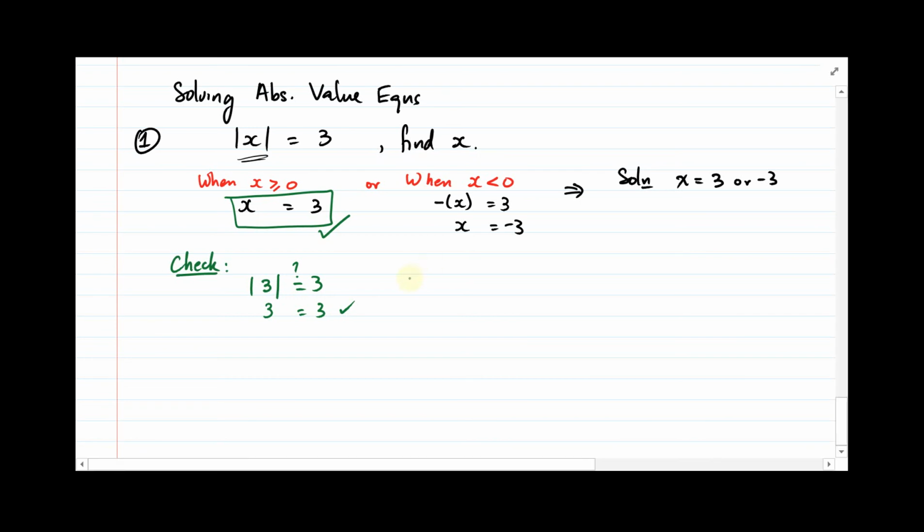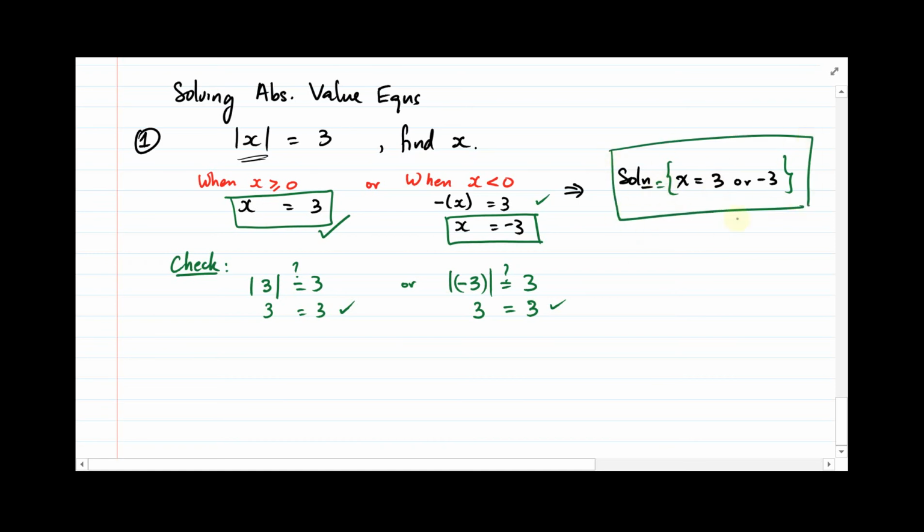Let's check the other side. If I take the absolute value of negative 3, is this equal to 3? And we end up with 3 is equal to 3. So again, the second solution is true. Hence, I can be assured that my answer is really x equal to 3 or x equal to negative 3.